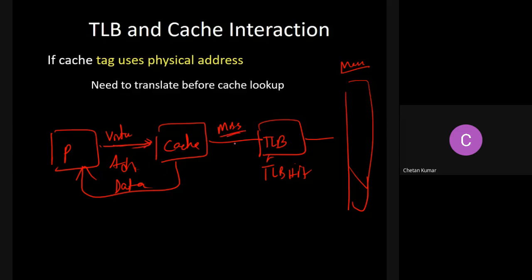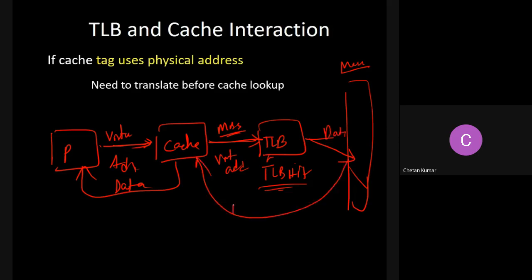If it is a miss, you send the virtual address to the TLB, and you found that it is a TLB hit. Once you have a TLB hit, do you send the data directly to the processor? No, because it is a cache miss, you still have to access your main memory to get the data, and that data will be updated in the cache. Then that data will be sent to the processor. This is the next case scenario.